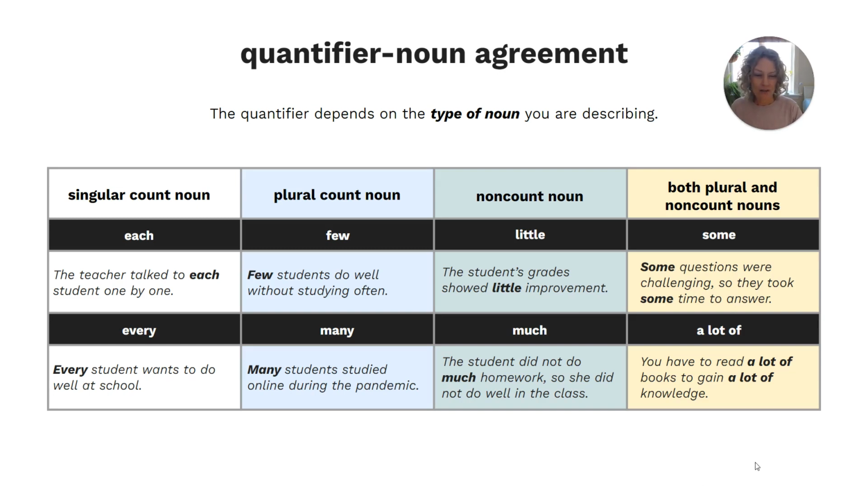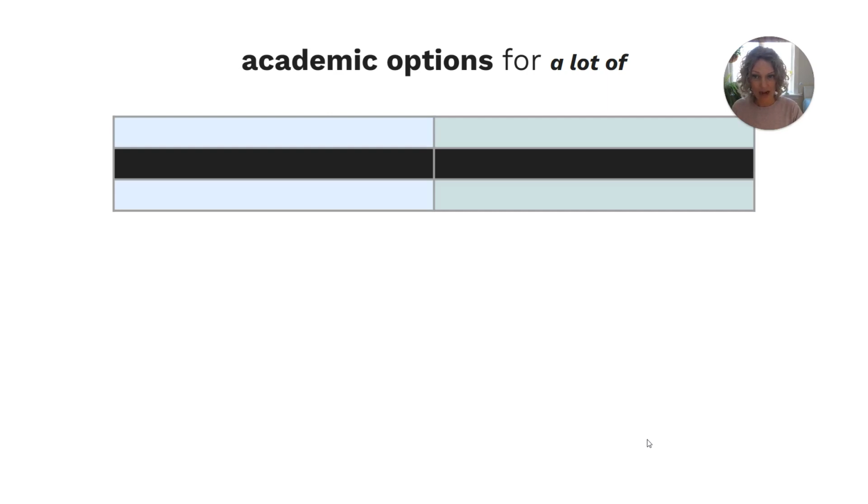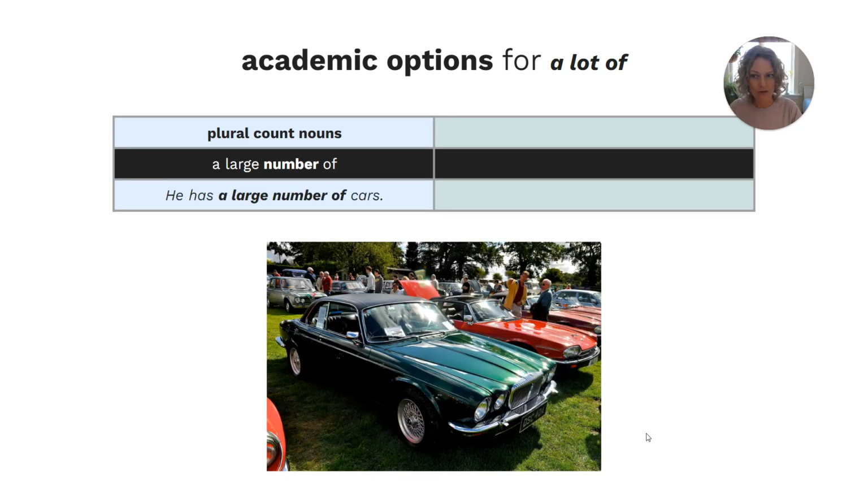Regarding a lot of, the quantifier a lot of is very informal. It's fine to use it in daily conversation, but if you're writing more academic papers, more academic writing, then instead for plural count nouns, it would be better for you to use a large number of, as in he has a large number of cars, instead of he has a lot of cars.